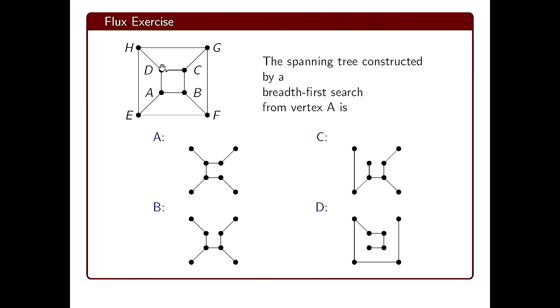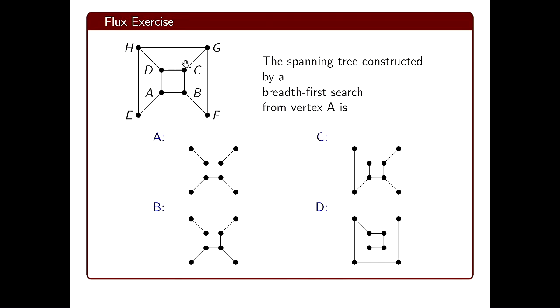So where can I get from D? Well, I've already been to C, so the only place I can get is H. So I'm going to get this vertex. So A, B, D, E is next. Well, I can't get anywhere new from E because I've already been to F and H. So it's going to drop out.